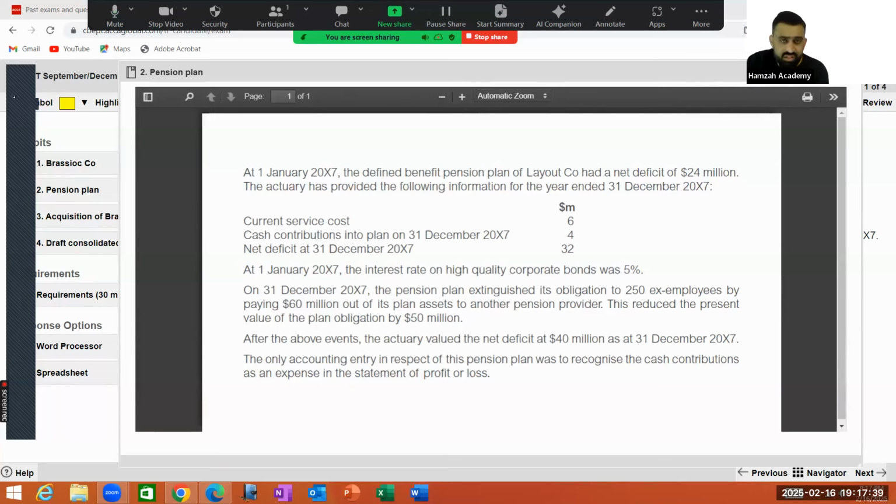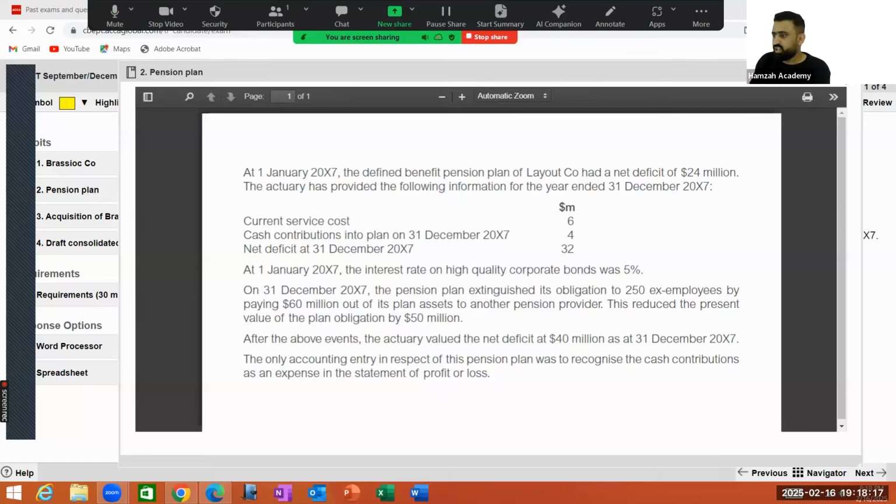And if you know the treatment of the pension benefit plan, the defined benefit plan under post-employment benefits of IAS 19, it would not be an issue to answer such type of question. You just need to get a good understanding of the standards which are examinable in the Strategic Business Reporting SBR exam. So that was the issue of the pension plan.